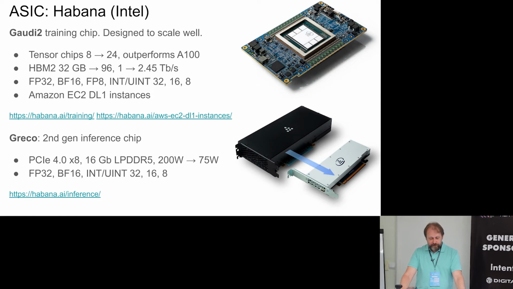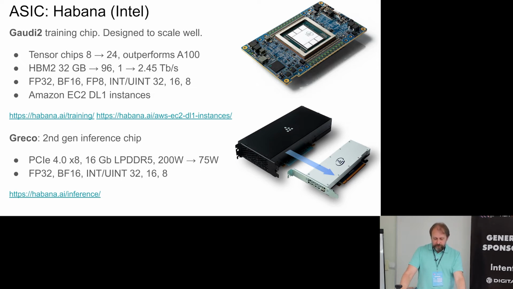And Habana has two different chips, and that's a pretty common distinction. You have a separate chip for training and a separate chip for inference. For inference, you need much lower performance, but you typically need better latency. And there are two chips. Actually, they're second generation chips. They were announced, I think, last year. And right now you have Gaudi 2 and Greco.